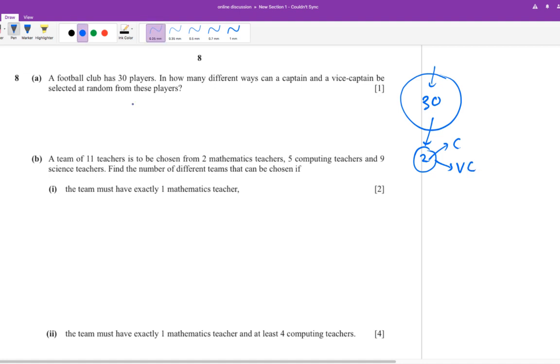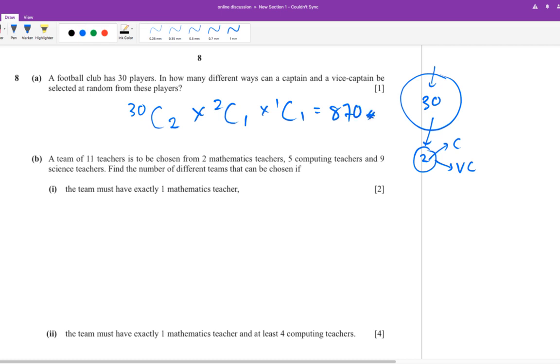So from the players here I will choose out 2, and then from those 2 I select one to become the vice captain, and the other one will definitely become the captain. Then you multiply them by 2C1. It should be 870.